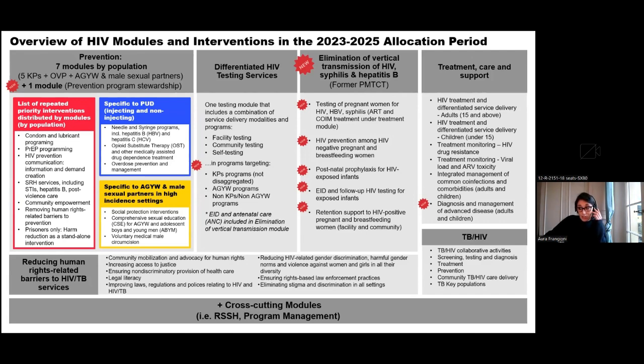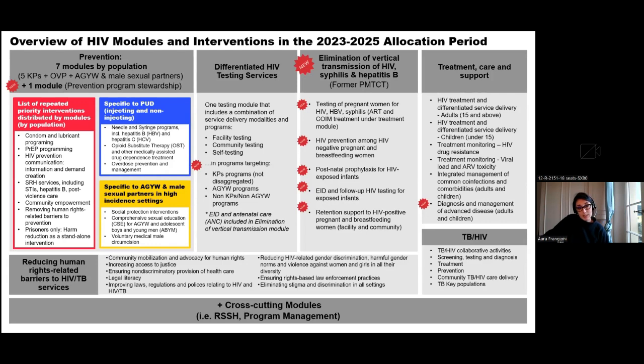For prevention, this represents a structural change. We removed the population tab and we went back to an NFM2-like structure with prevention modules by priority populations, including the 5 key populations and their sexual partners, the AGYW and their male sexual partners, and the other vulnerable population groups.